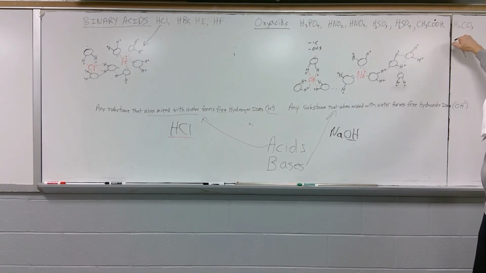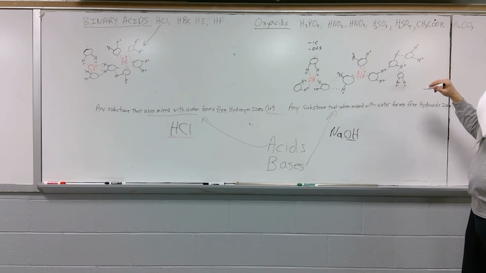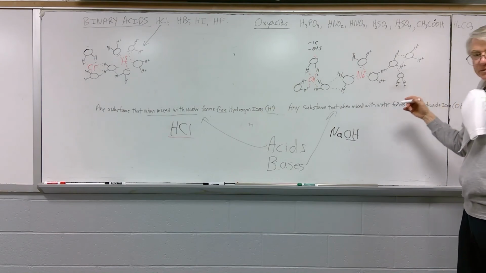This one, H2CO3, the carbonate ion, was really the only one we had, so this is going to be carbonic acid. CH3COOH, the acetyl group, acetic acid is what we looked at there.